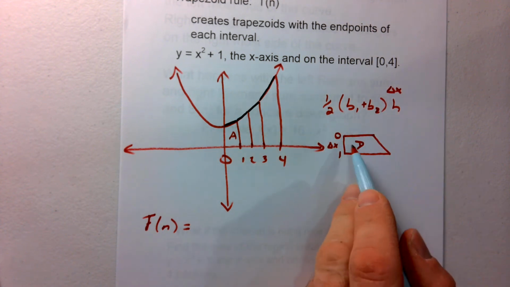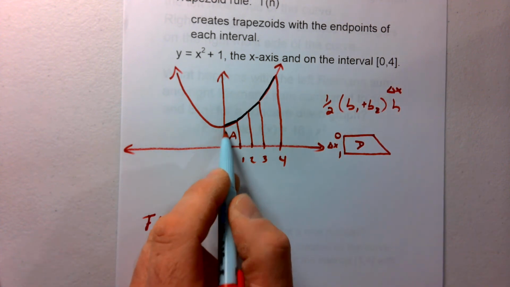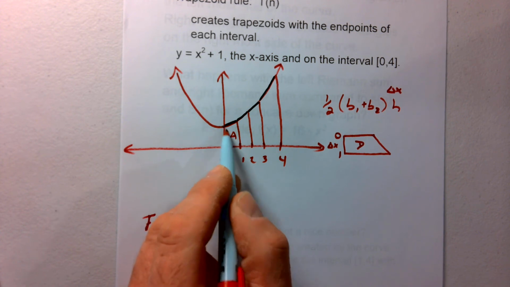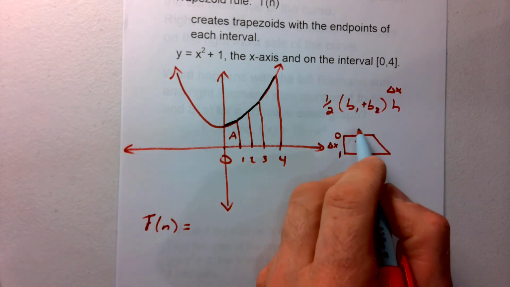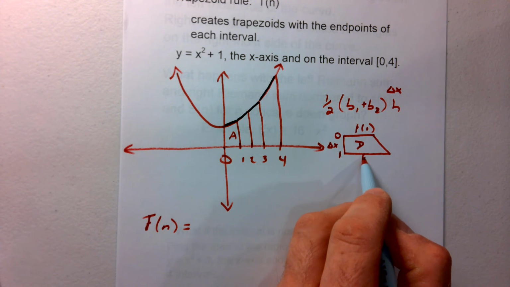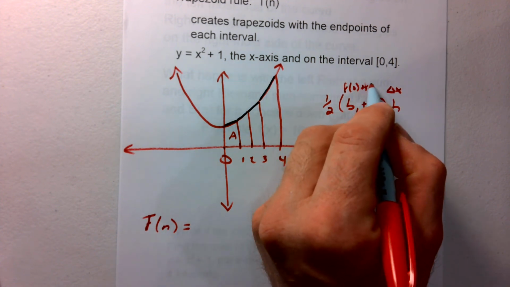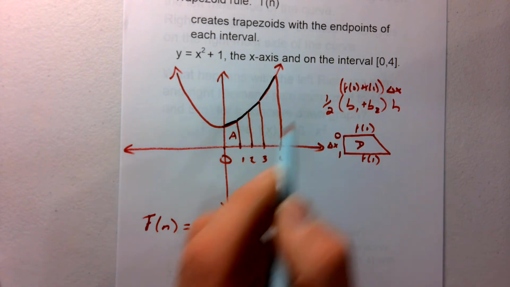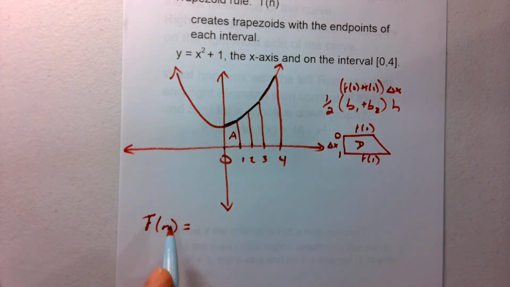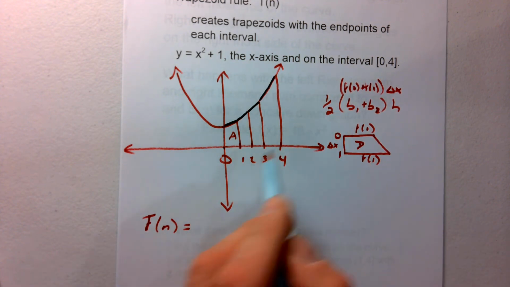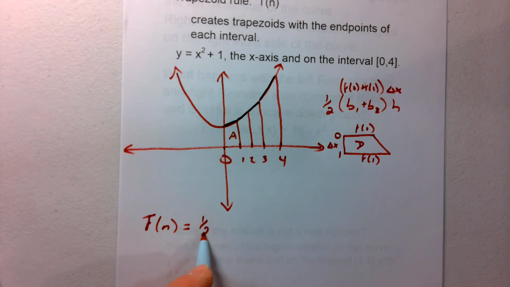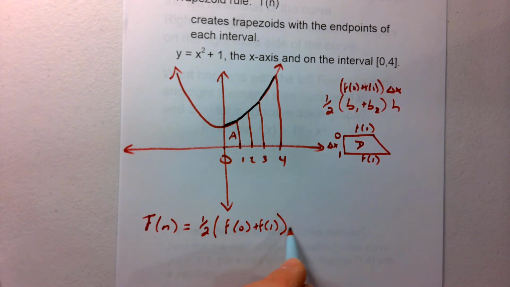Our base 1 and our base 2, well, that's the distance from the x-axis up to our curve. So that's going to be the value. This is going to be f of 0, and this is going to be f of 1. So we'll have f of 0 plus f of 1. This gets a little nastier to write the actual equation. So we're going to have 1/2 of f of 0 plus f of 1, which is our two bases, times delta x.